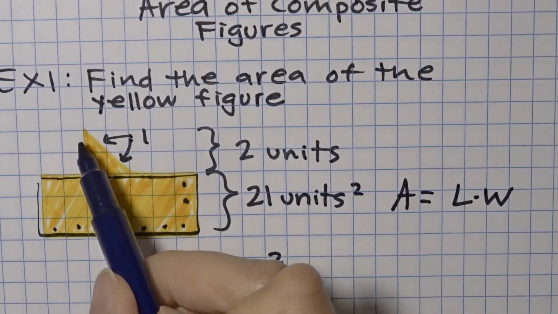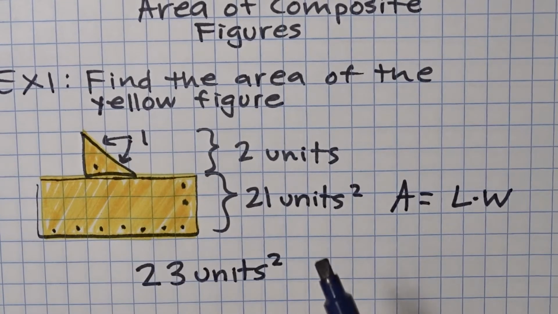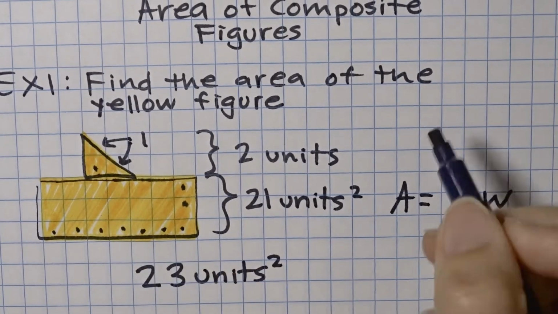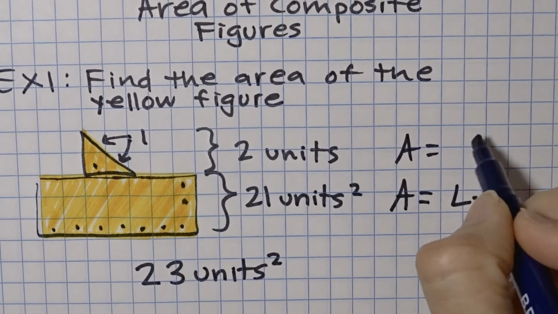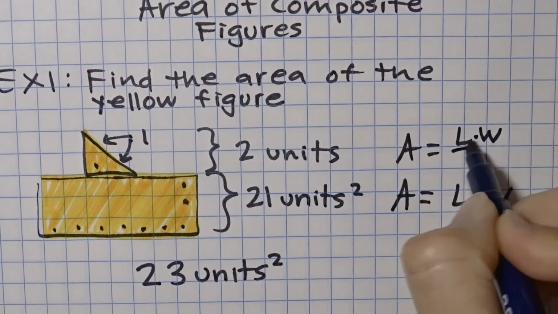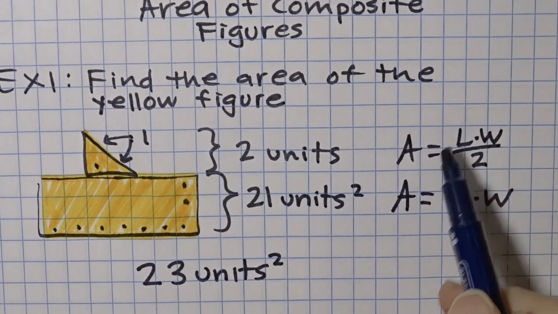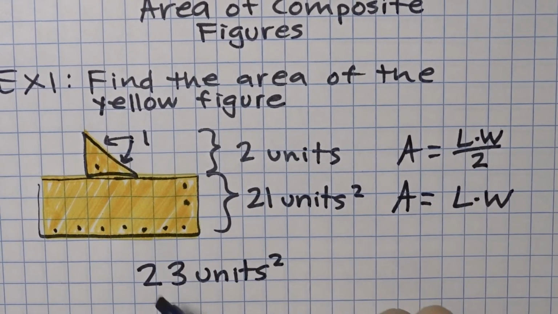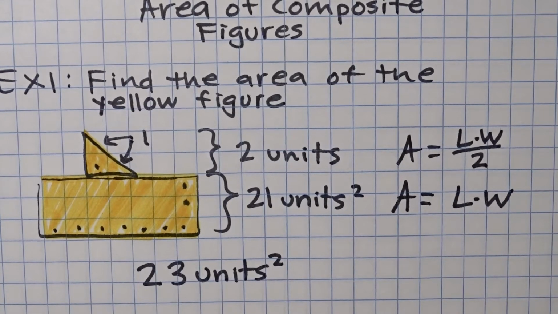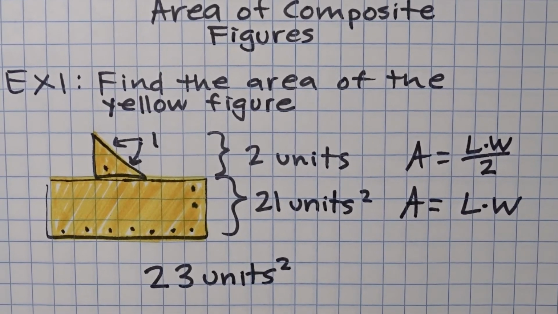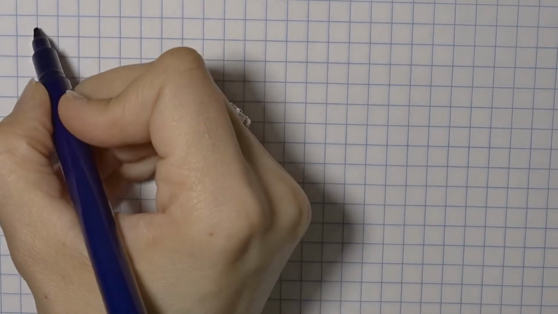And then you recognize that you also have a triangle here, and you know the area of a triangle: length times width divided by 2. So then you can use the formulas for area that you know, and then just add the two answers together. Okay?